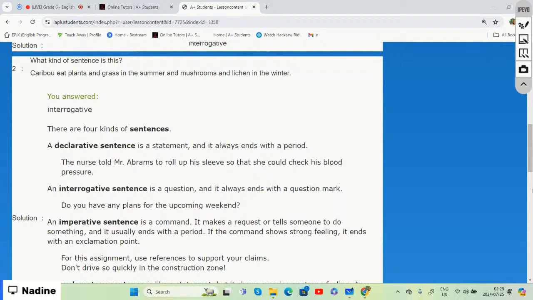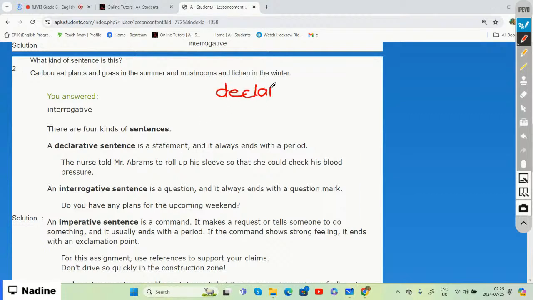This is a declarative sentence, because it is a statement that is being made, which ends with a period, and it's basically just telling us that the caribou eats plants and grass in the summer and mushrooms and lichen in the winter.